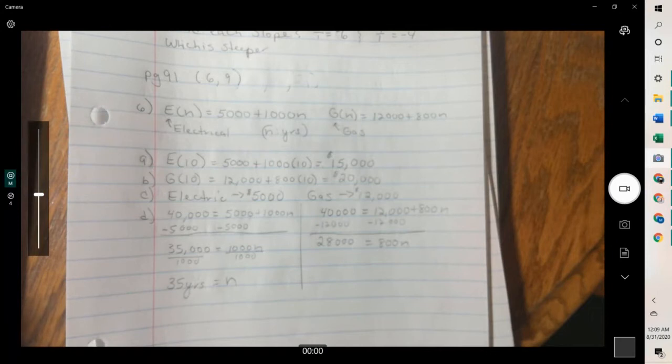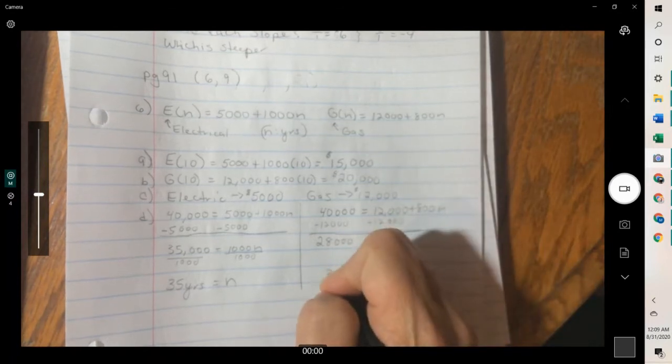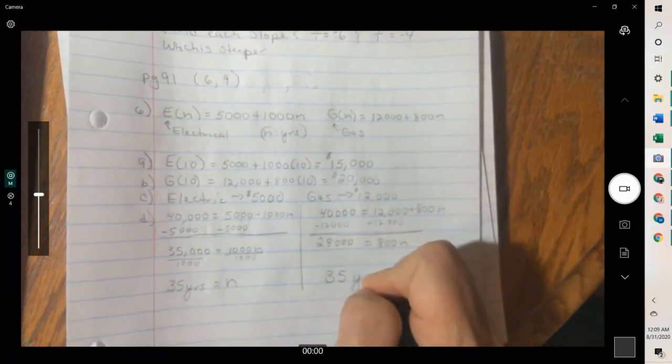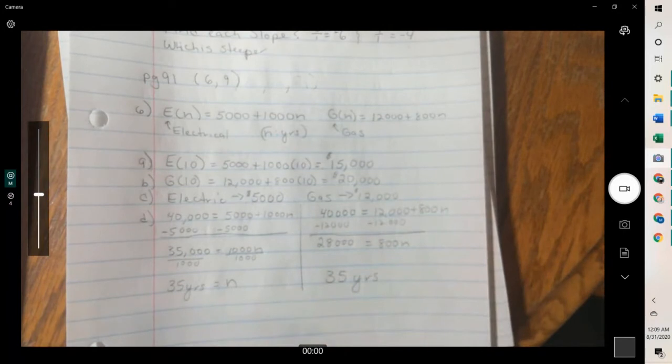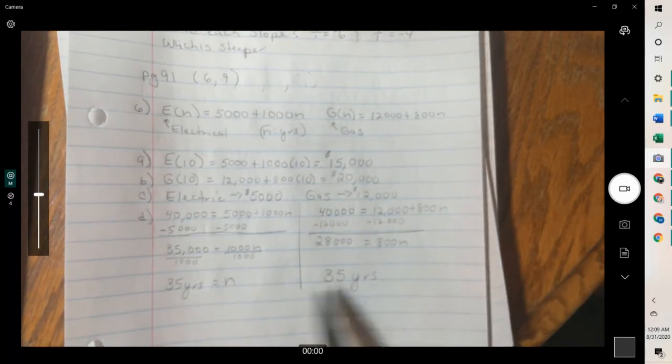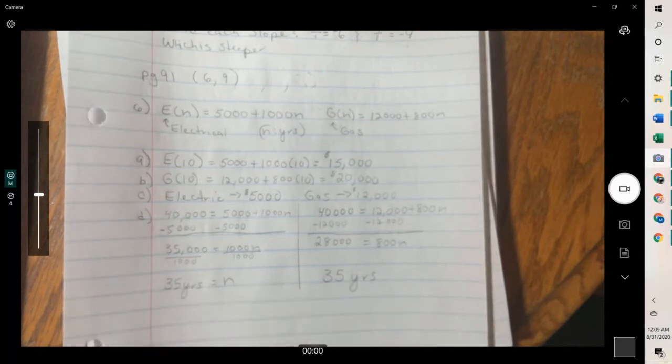So then we take the 28,000 and divide by 800, and we get 35. So once we're using it for a while, the gas and the electric do catch up to each other. But to start with, the electric is cheaper.